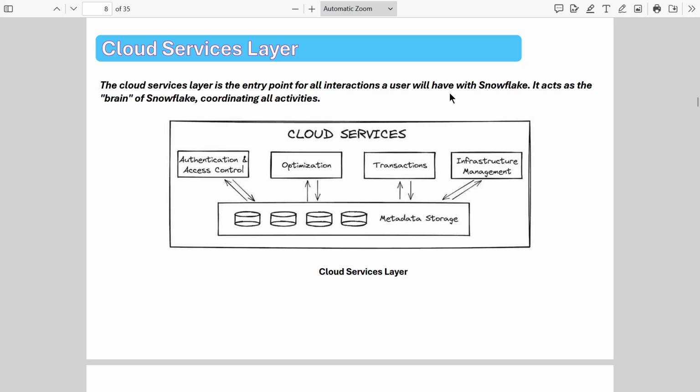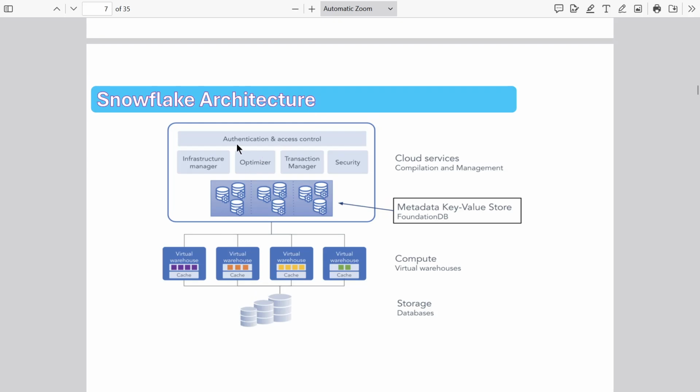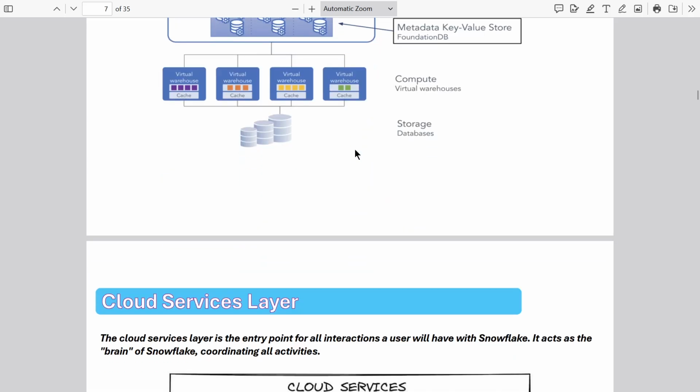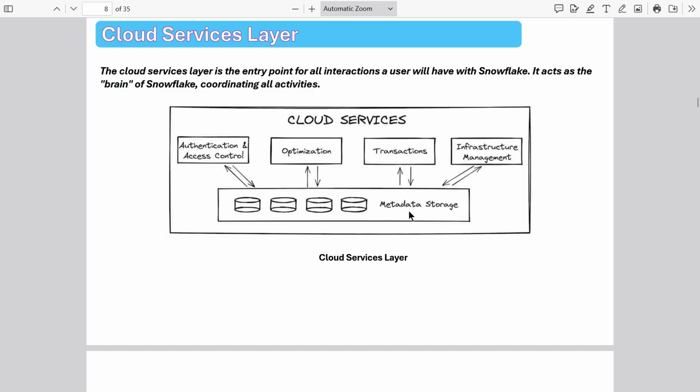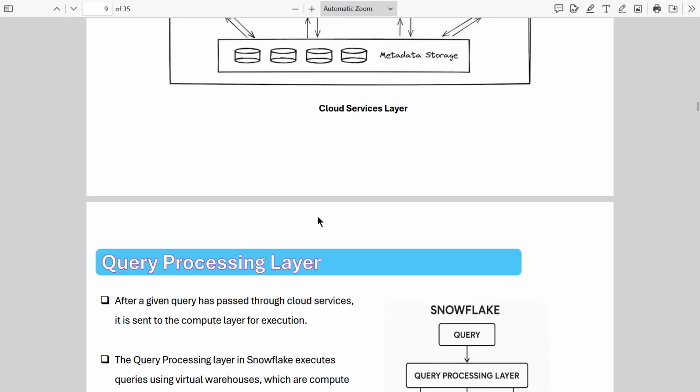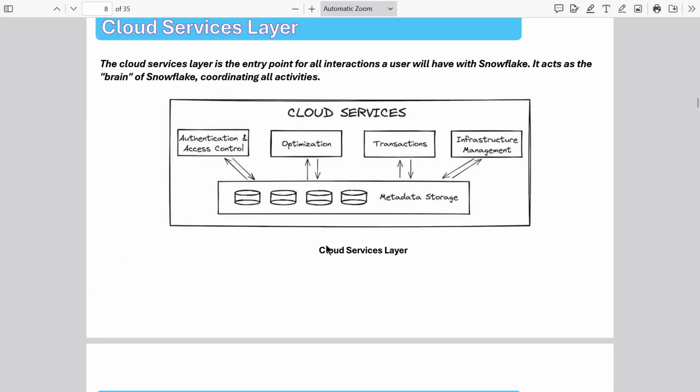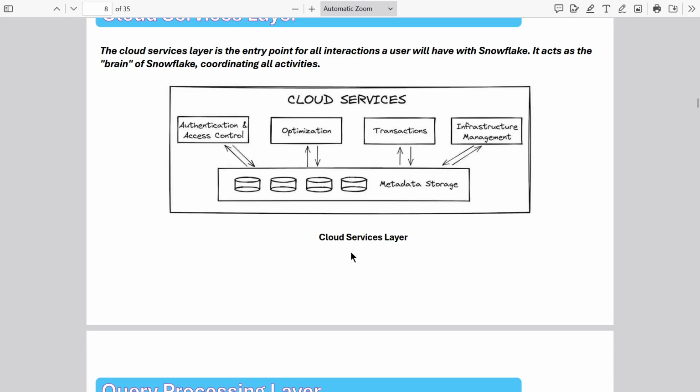It acts as the brain of Snowflake, coordinating all activities, because everything like metadata storage, infrastructure management, transaction optimization, and access control is managed out of this layer, isn't it? So you can say this is the brain layer. Snowflake has three layers, and one layer is cloud service, which is acting as the brain.